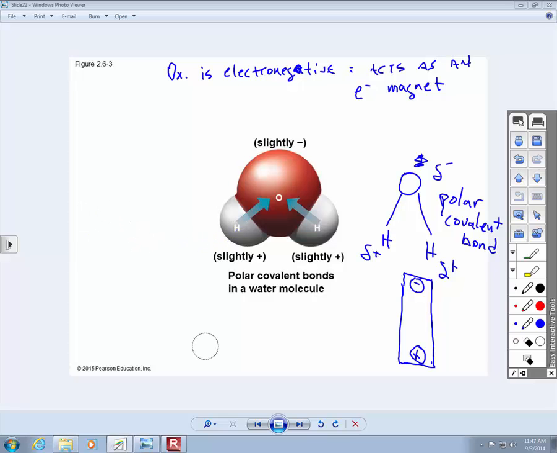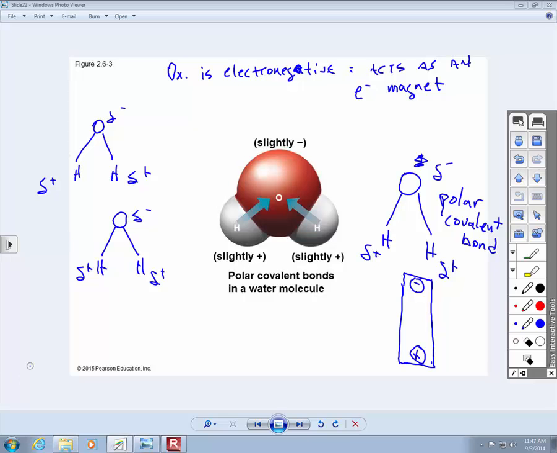All right. So what's really cool about that is if I have a water molecule, say in a beaker or a glass, and I have another water molecule, the oxygen's partially negative and the hydrogens are partially positive. If I have a second molecule, say beneath that, the hydrogens again are partially positive, the oxygens are partially negative.